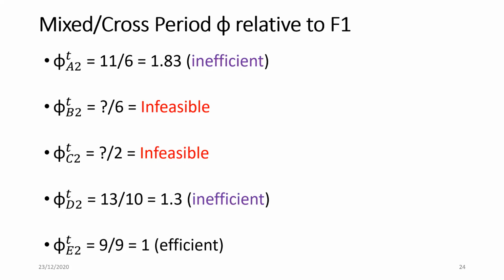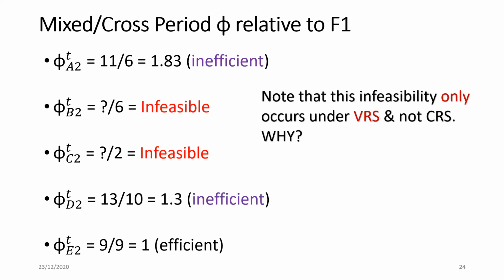And so question mark is infeasible. So what is going to happen when we are estimating the Malmquist as far as these two are concerned? Do you think we'll be able to get a Malmquist index for them? Well, once you don't have a feasible solution, we can't calculate the Malmquist values for these. Now that's a problem, but we'll come to solve that.